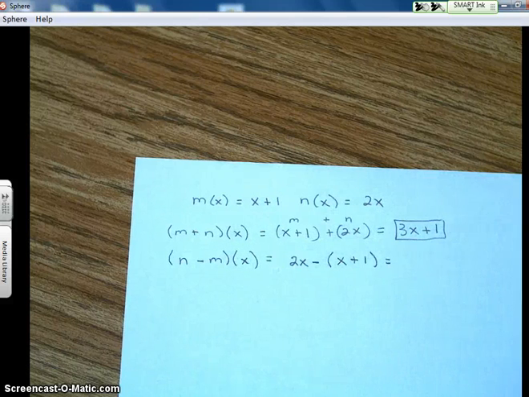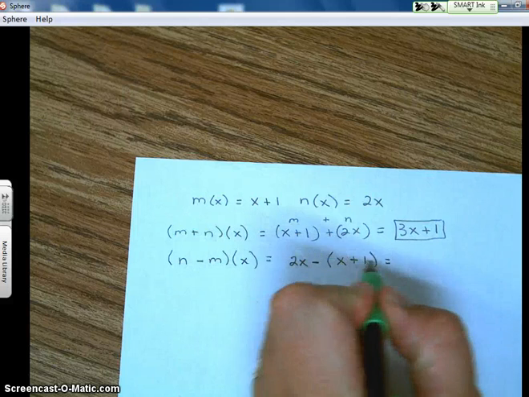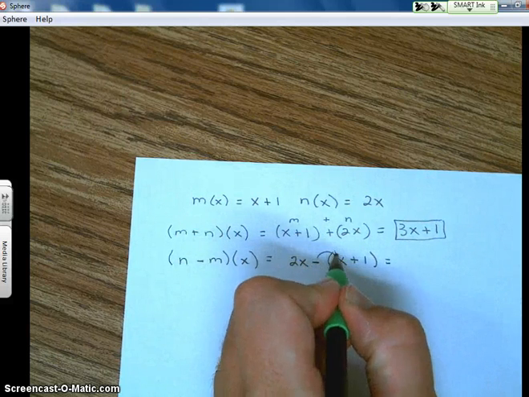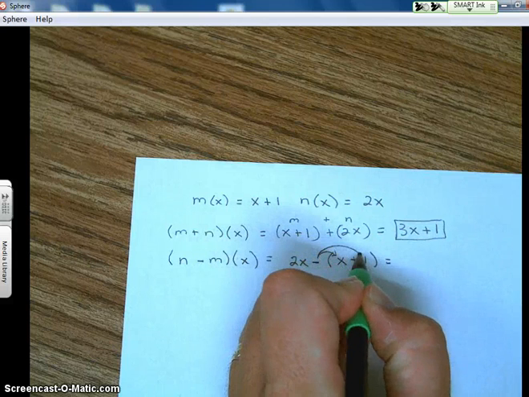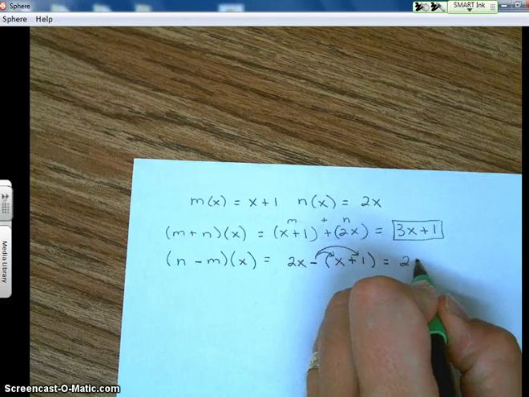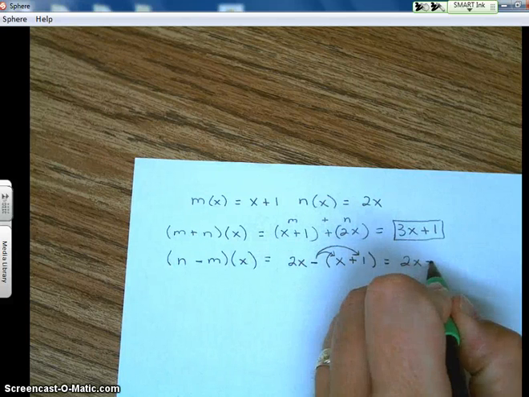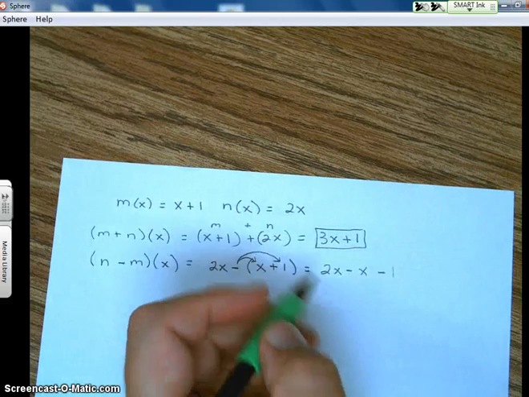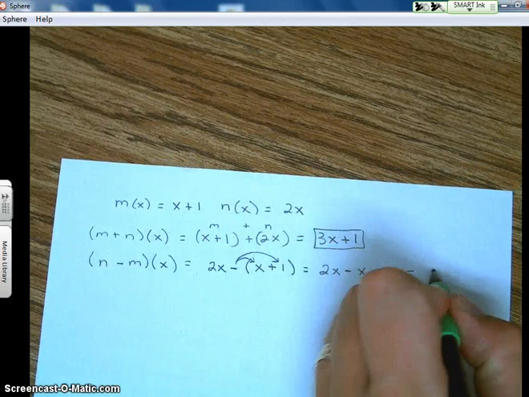Okay, so don't forget that when you subtract more than one term, you have to subtract both of them. So you want to distribute that minus onto both of them. So we're going to end up with 2x minus x minus 1. And that's going to give us x minus 1.